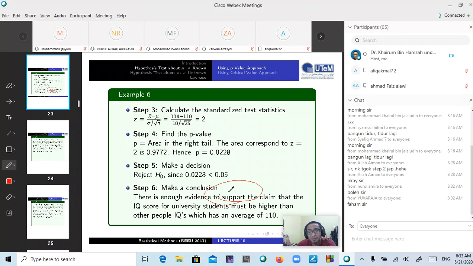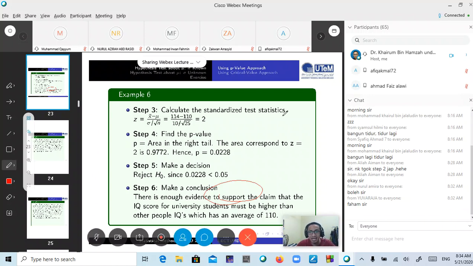Soalan dia bercerita pasal claim. Okay, untuk this case, claim dia duduk kat mana tadi? Claim dia duduk dekat H1 kan? Okay, claim dia adalah H1. Claim. Okay, and then your decision adalah reject H0. What does mean of reject H0?